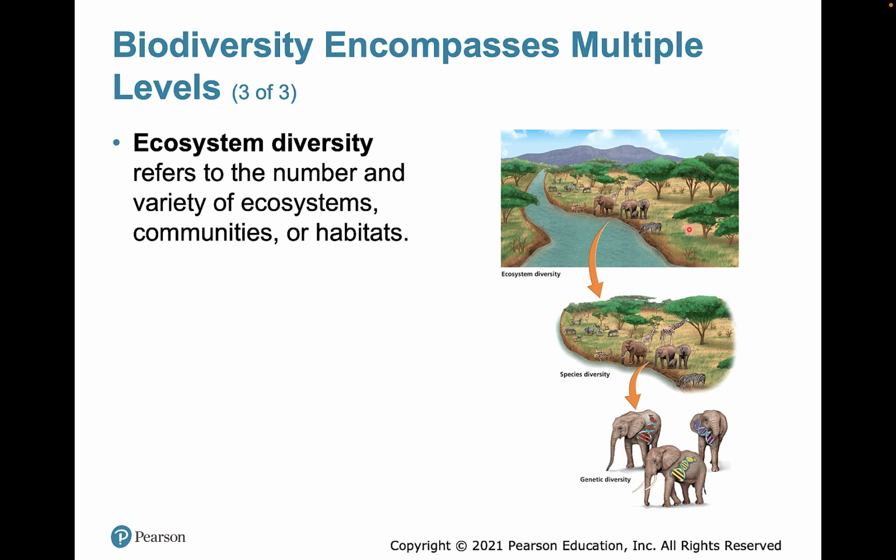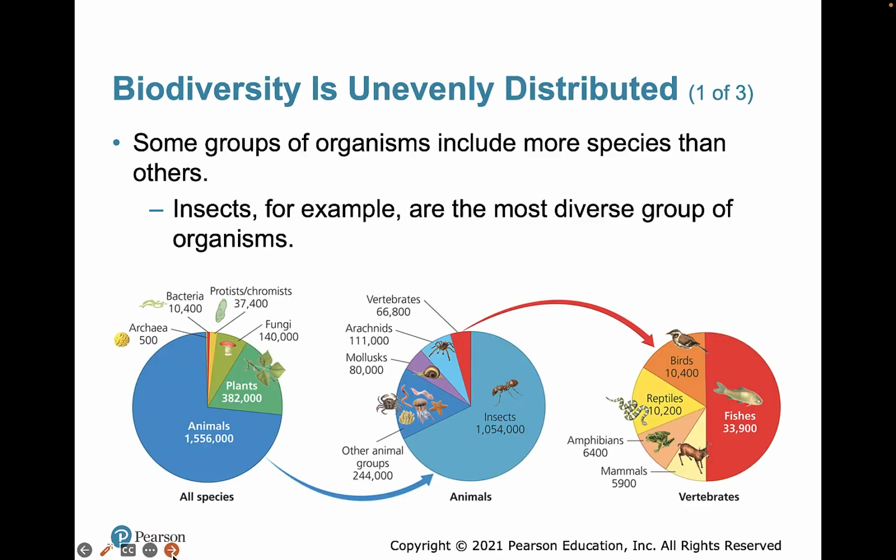All of the different ecosystems, communities, habitats, all of the biotic and abiotic factors, all of the variety on the planet. A more diverse ecosystem creates a more diverse biosphere. But biodiversity is not even, okay? Some of the groups include more species than others, okay? So it's not even in that way. Most of the organisms on the planet are animals.